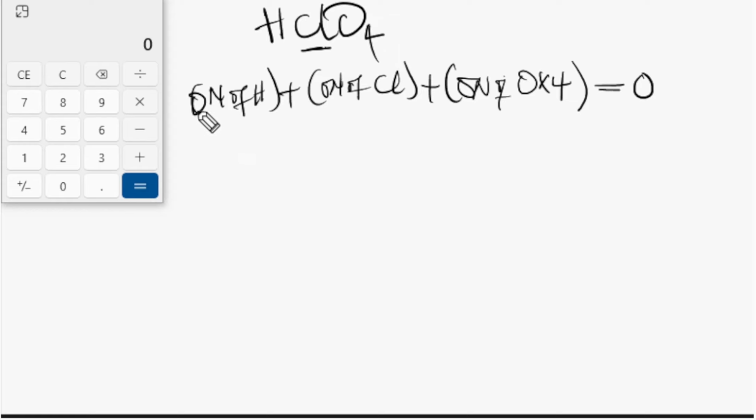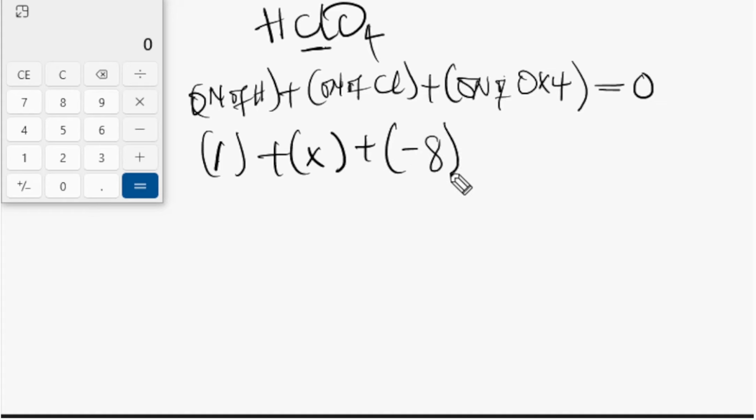The oxidation number of hydrogen is +1. So that will be 1, plus, let's call that of chlorine X, plus the oxidation number of oxygen, which is -2, times 4, that's -8 here. We equate this to 0.